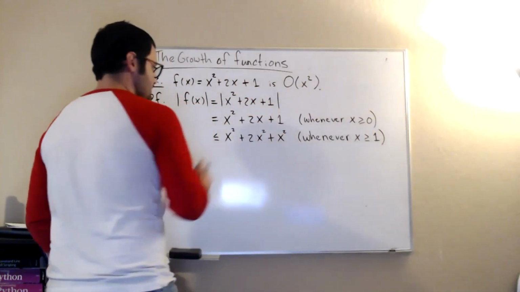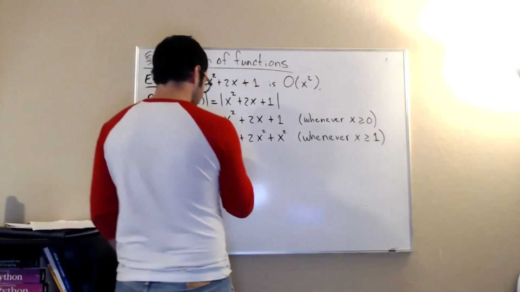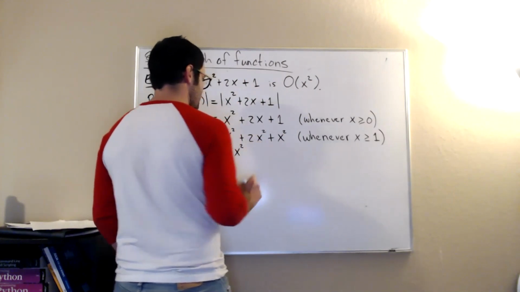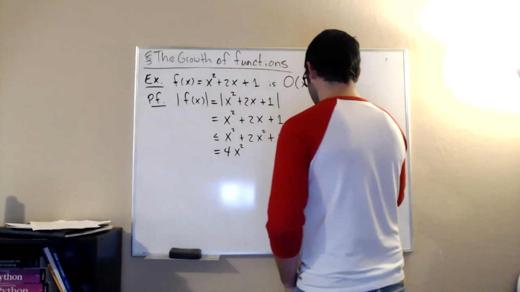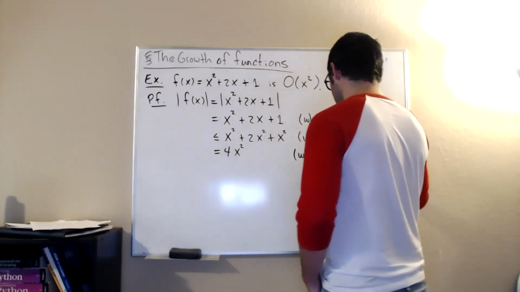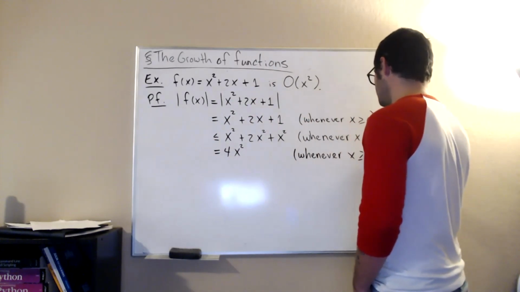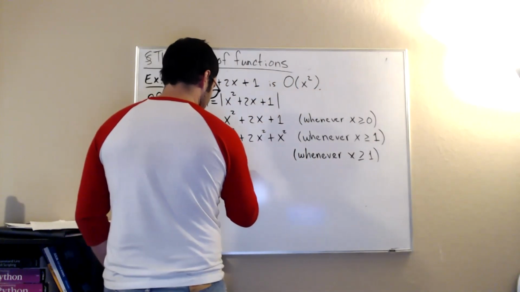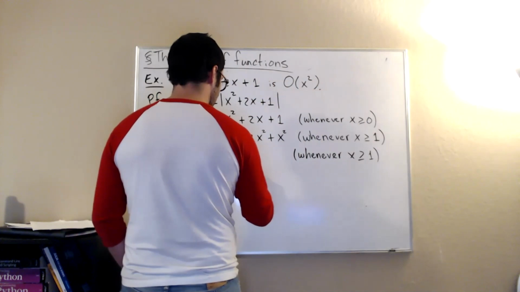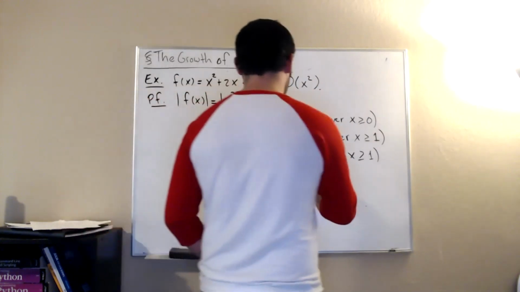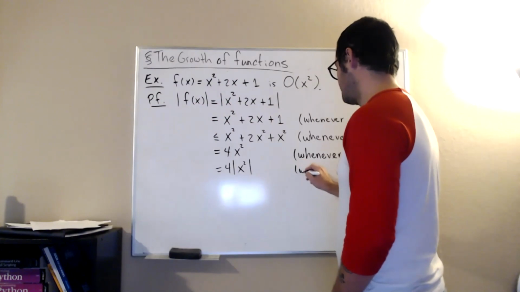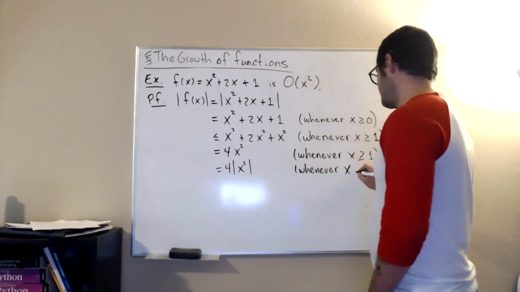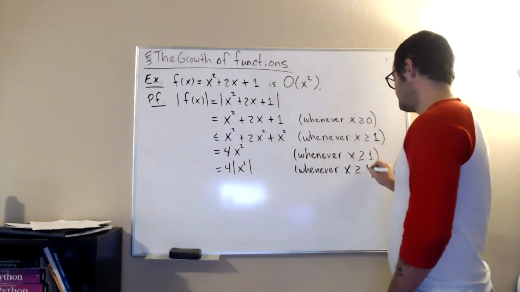So that's where this next line follows, and now we have like terms. So this is equal to 4x squared, and again, this is whenever x is greater than or equal to 1. And then finally, this is equal to 4 times the absolute value of x squared, just because they're equal. And again, whenever x is greater than or equal to 1.